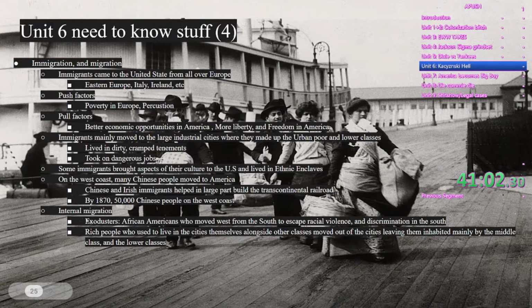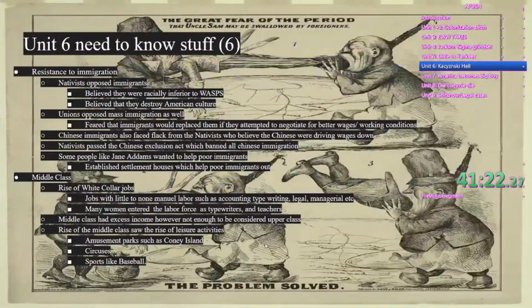For internal migration, you had exodusters, African Americans who moved from the South to the West to escape racial violence and discrimination, and rich people moved out of the cities, pretty much leaving the cities inhabited by the middle class and the urban poor.